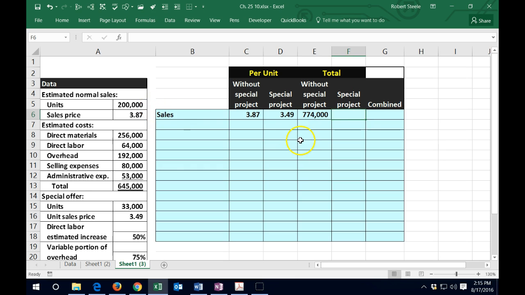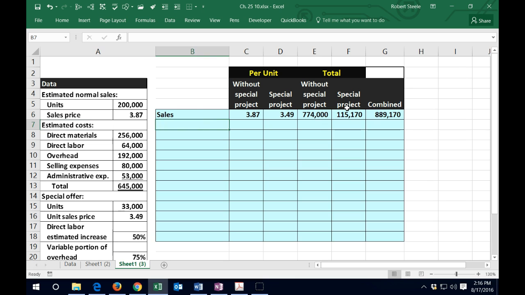In the special project, we have the 33,000 times the special price, 3.49. If we combine those two, we have the 774 plus the 115,170, giving us the 889,170.